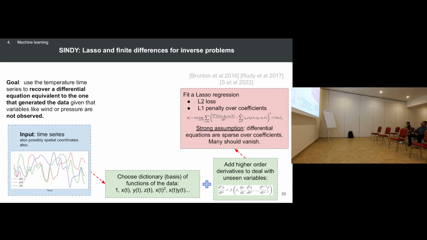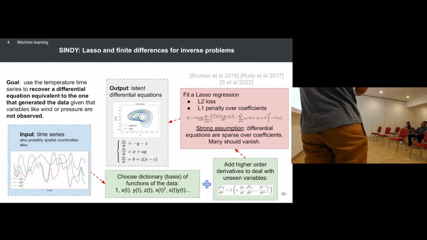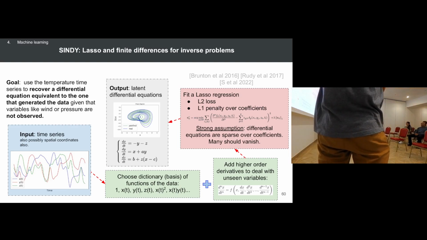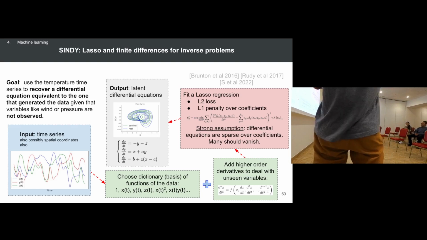And so the coefficients you get at the end will tell you which ones are still alive. It tells you which differential equation may be used to model this data.